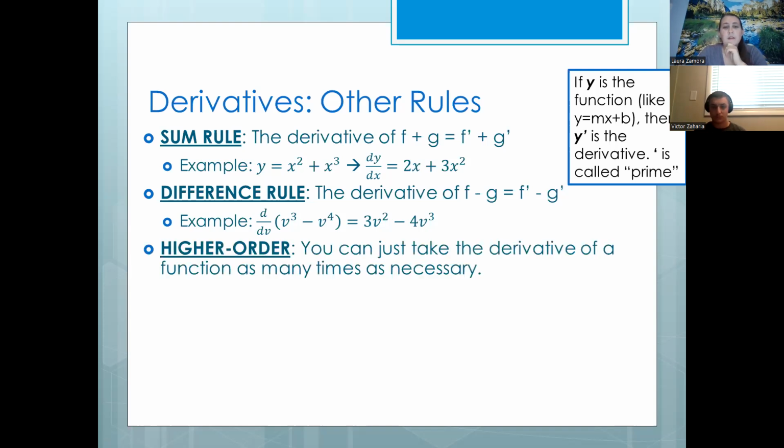Okay, so if we have what are called higher order derivatives, that just means we can take a derivative of a derivative of a derivative as many times as we're asked. So here's our example. Our function is 5x cubed minus 3x squared plus 10x minus 5.